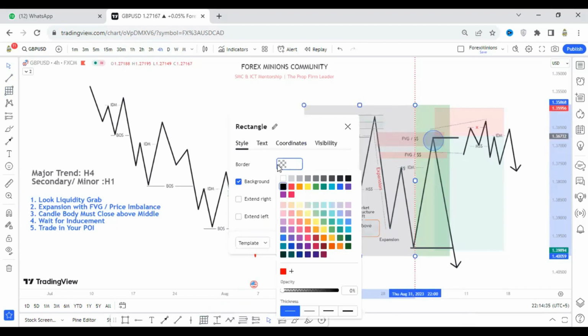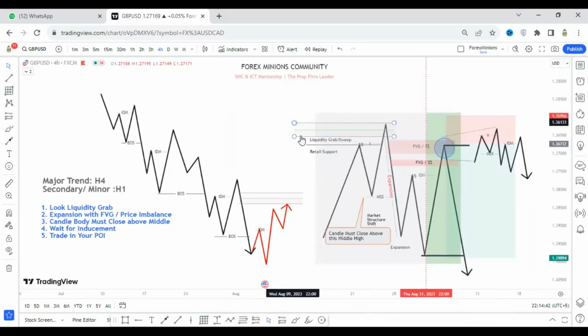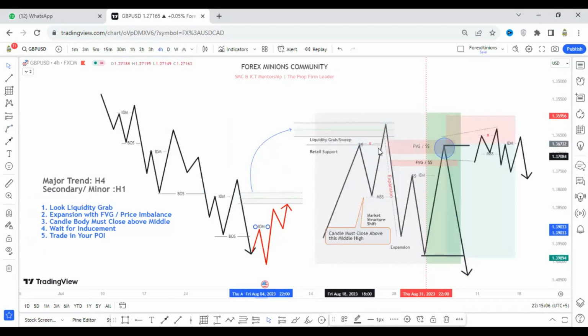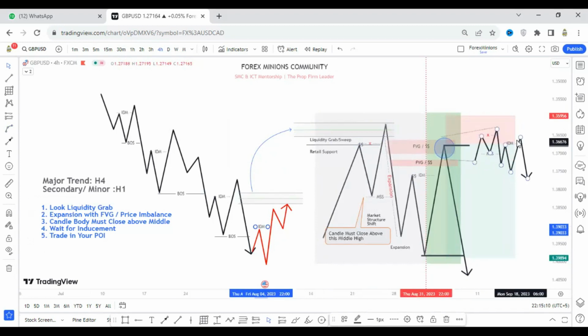Price is approaching this level above this inducement point. When the market approaches your POI zone in the high time frame, you will look for this setup on the low time frame in this POI zone, and then you can enter your trade.